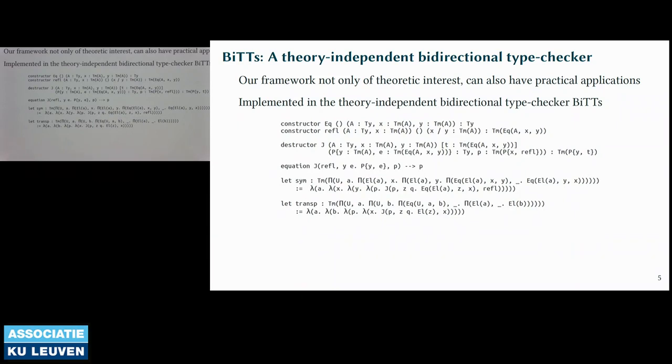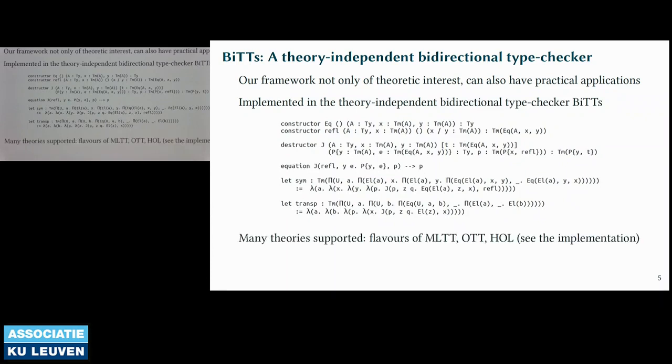So here you're defining the equality type, and then you're showing some basic properties. And as you can see, you indeed do not write all the annotations when you write terms inside of the theory. And you have many theories which are supported, so flavors of MLTT, some sorts of observational type theory. I'll refer you to the implementation for more details.